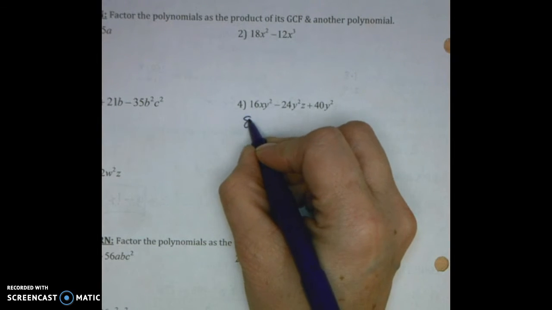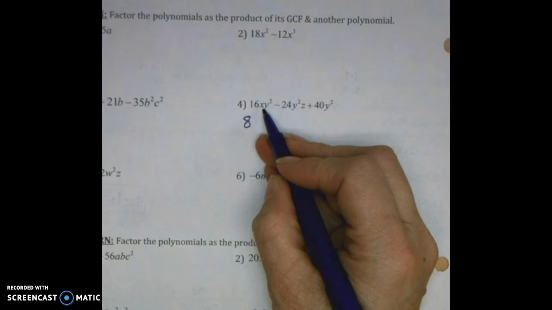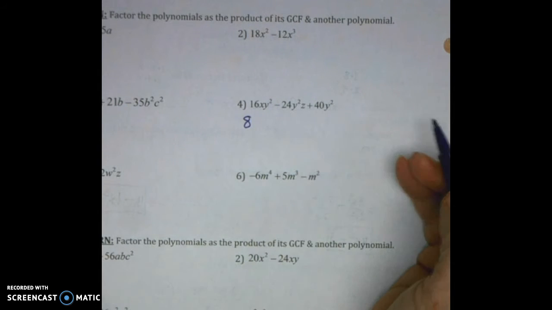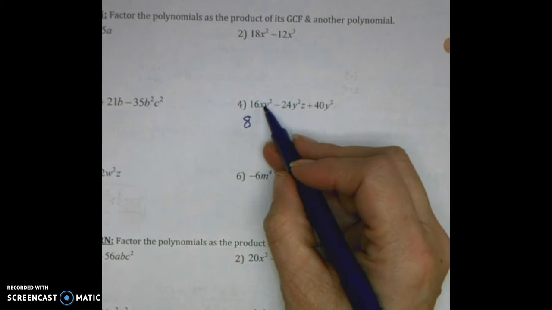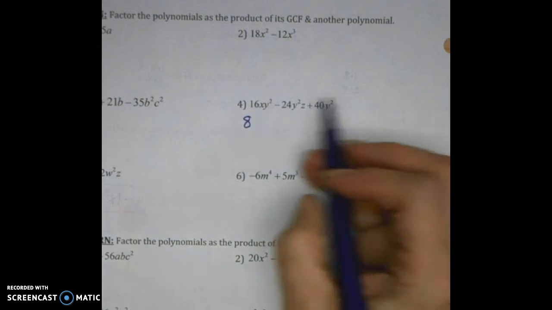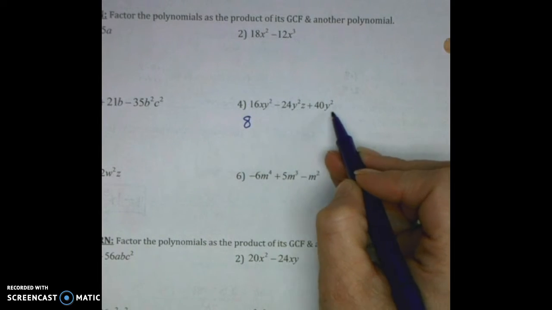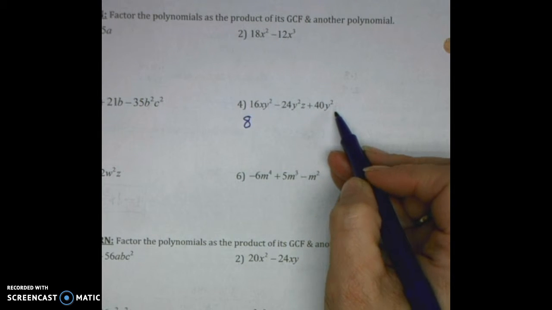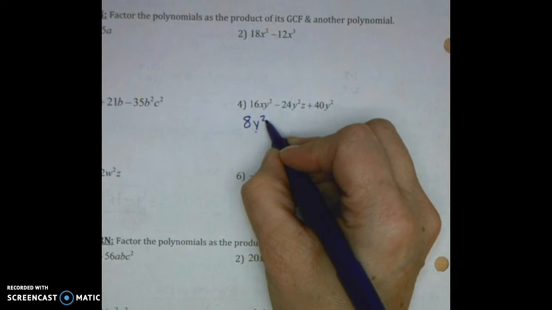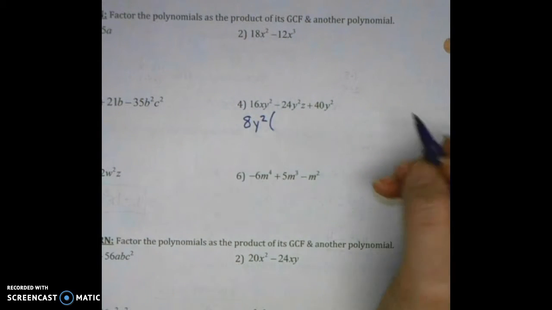I'm going to pull out an 8. Now, I have an x in my first term, but I don't have an x in my second term or my third term, so I can't pull an x out of everything. I have y squared in my first term, y squared in my second term, y squared in my third term. Since I have y squared in everything, I'm going to go ahead and pull that out too. Y squared.